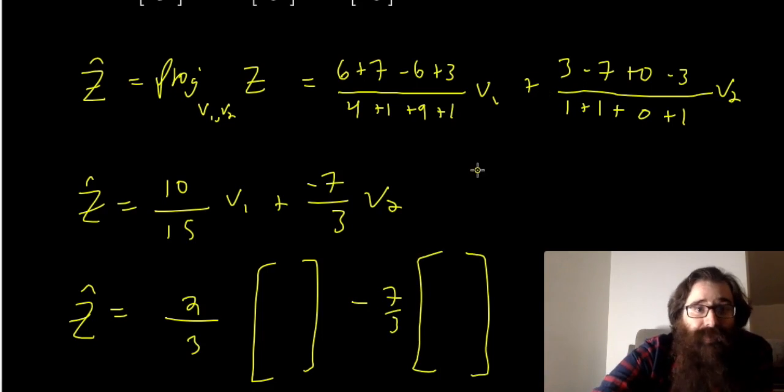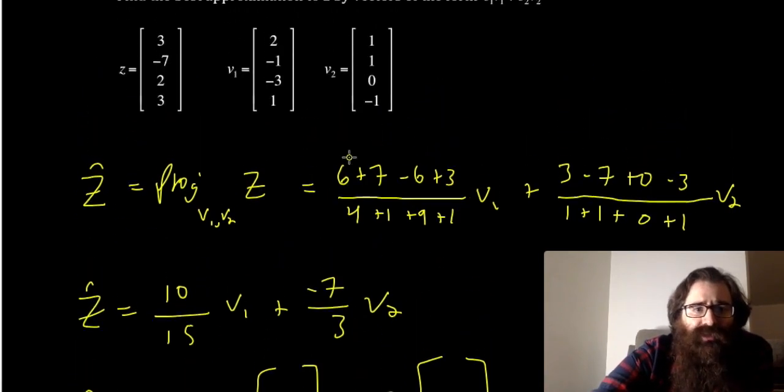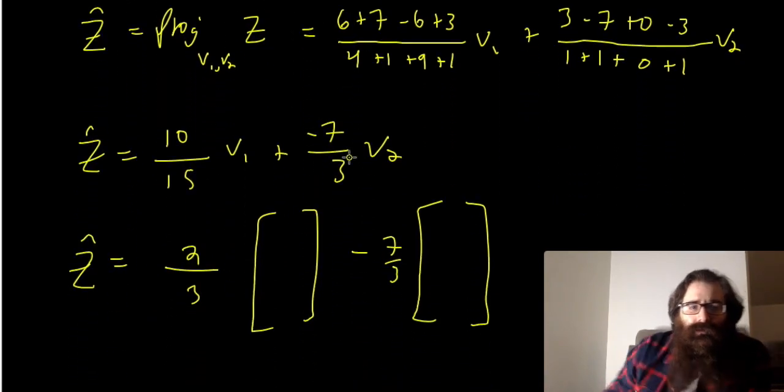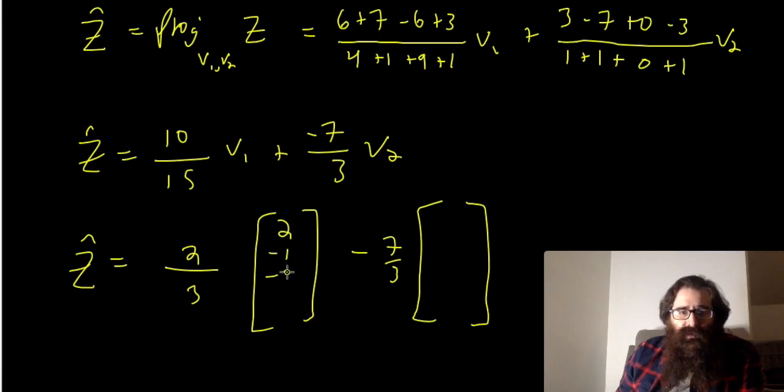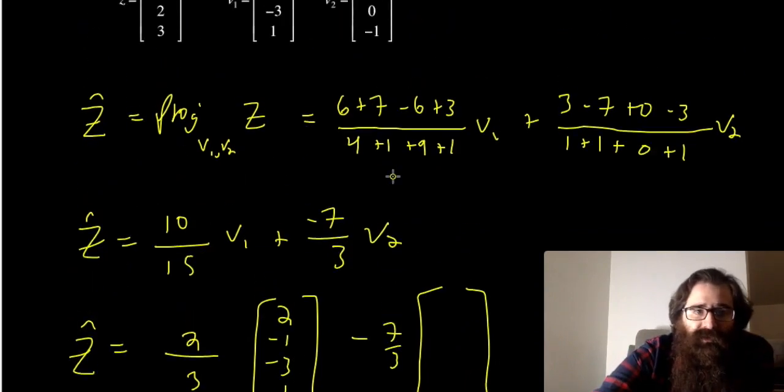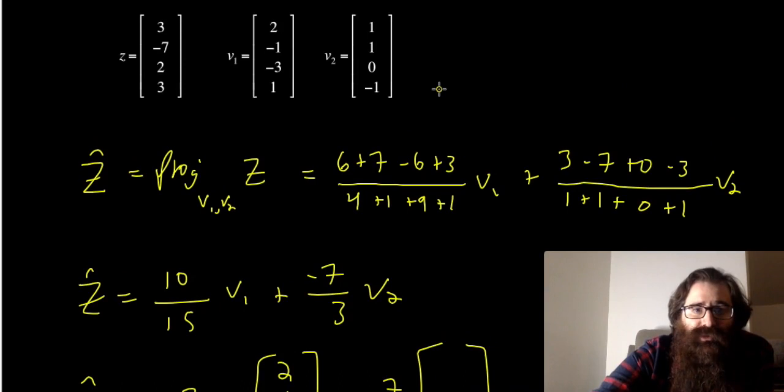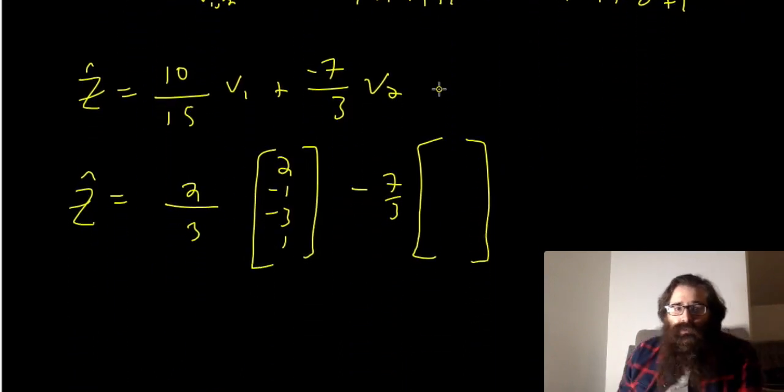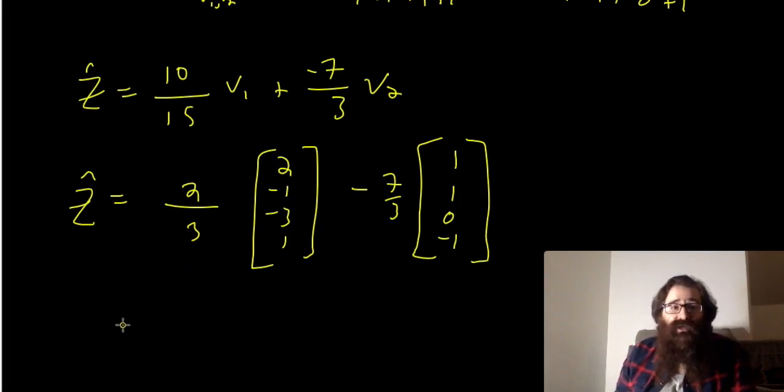Let's bring these vectors back into play. Vector v sub 1 was 2, negative 1, negative 3, 1. Vector v sub 2 was 1, 1, 0, negative 1. And let's find this projection.